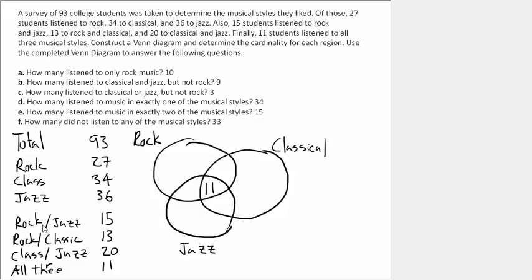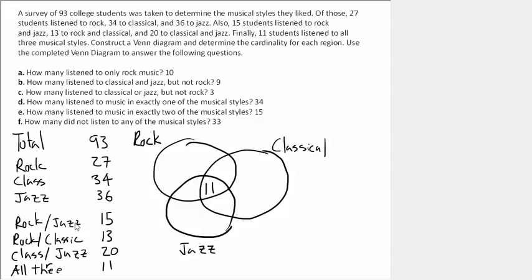Now we back up and we look at these pairs of music styles. First of all, let's look at rock and jazz. It says there's 15 that listen to both rock and jazz. Well, where is that? Here's rock, it's this circle, and here's jazz, it's this circle. But people over here in this big area only listen to rock. And over here, they only listen to classical. Which means those who listen to, whoopsie, I was doing the wrong one. Let's do rock and jazz. Here's the rock people, here's the jazz people. These up here, that's only rock people, and this is only jazz people.